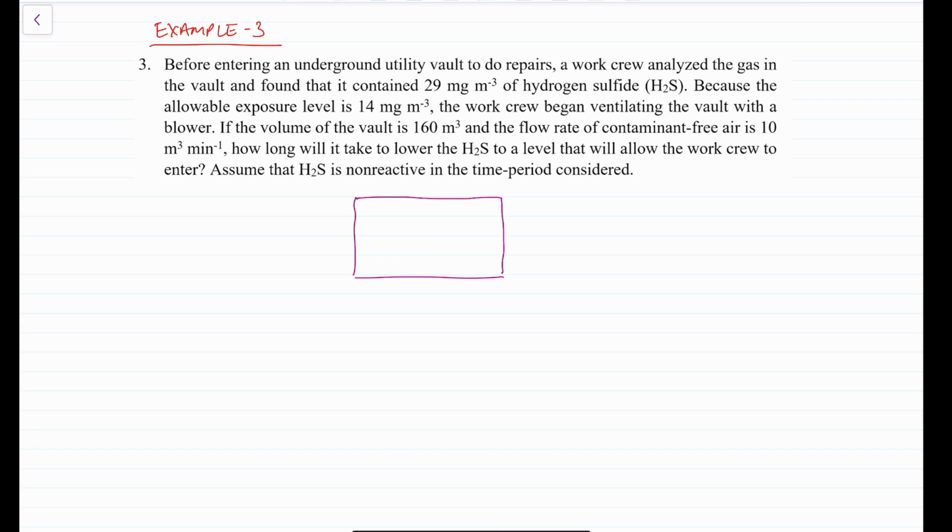So there is concentration inside the vault, the volume of the vault, there is some ventilation, and because it says it's contaminant free air, Cin is equal to 0, and V is equal to 160 meter cubed. C naught, the initial concentration, is 29 milligram per meter cubed, and the final concentration is 14 milligram per meter cubed. And we have to calculate the time it takes for this ventilation to bring the concentration from C naught to C. So let's write down our mass balance equation.